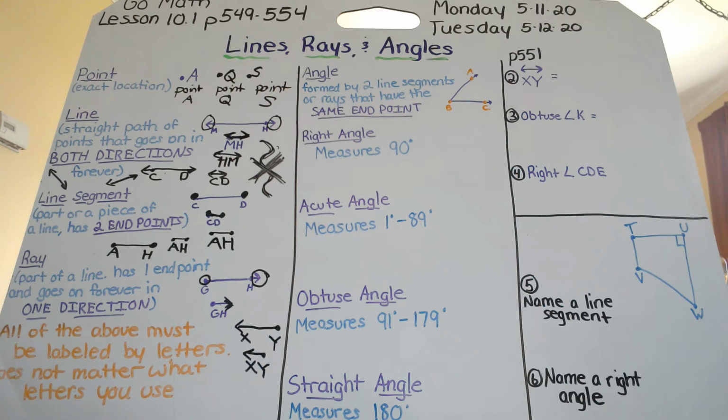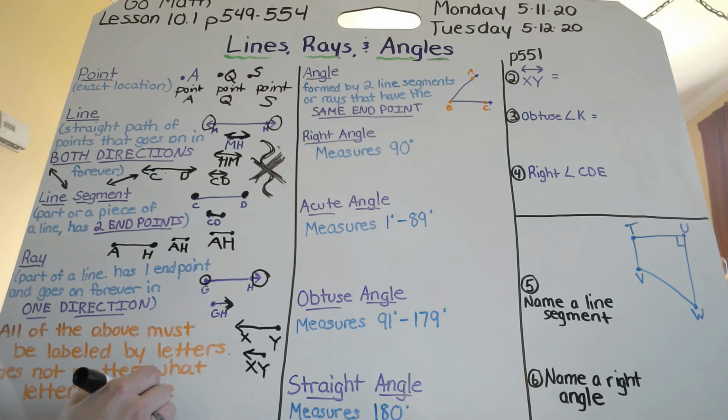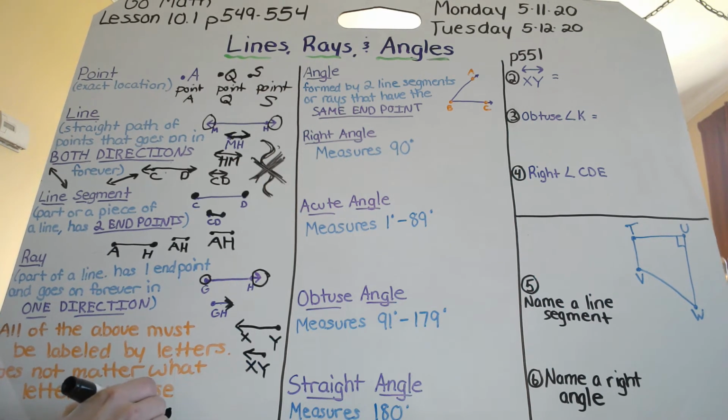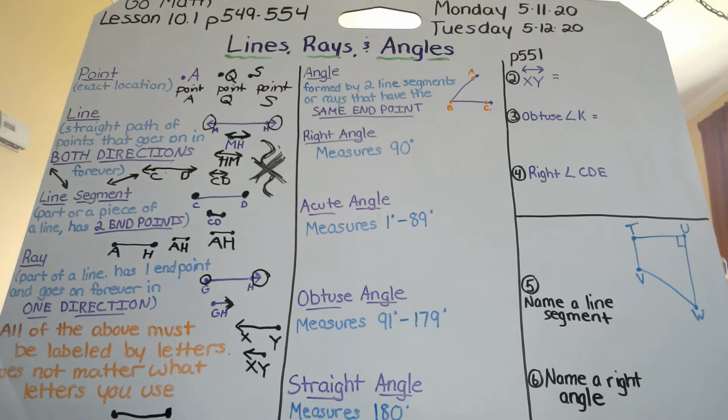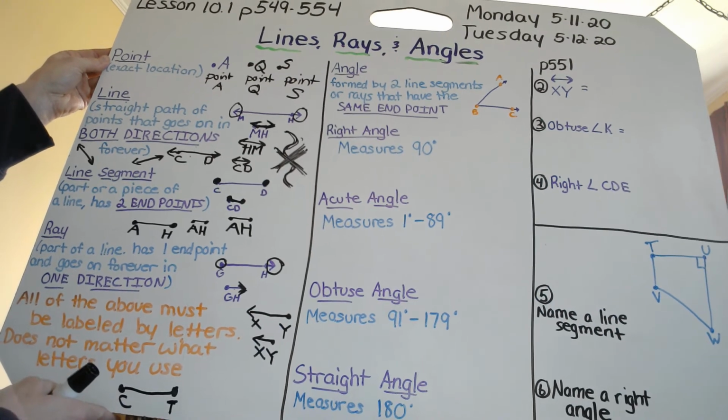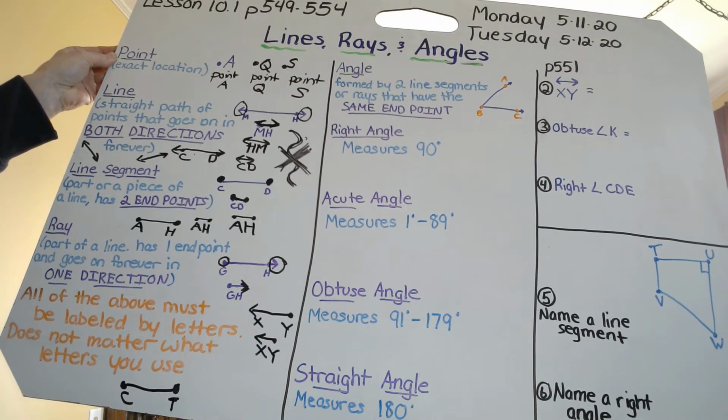So if it tells you in one of your questions in your textbook to draw a line segment, you would draw a line segment, and I know that a line segment has two endpoints, so I'm going to call this CT, okay, so my line segment would be called line segment CT. It does not matter which letters you use, okay?